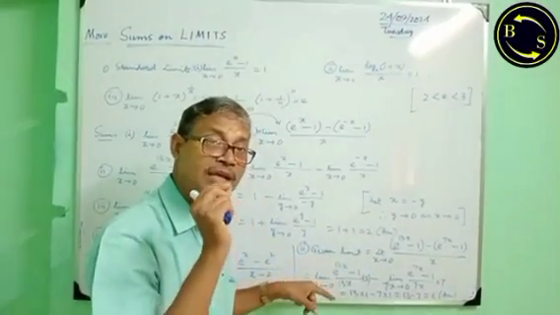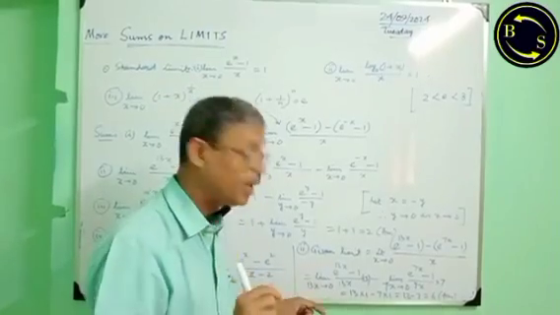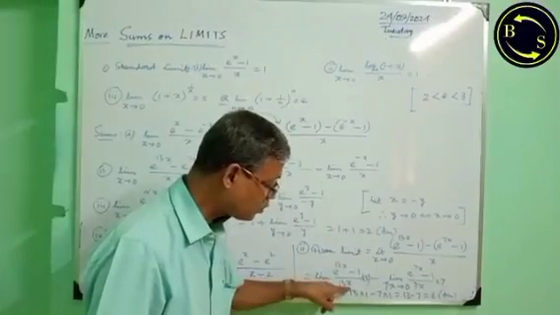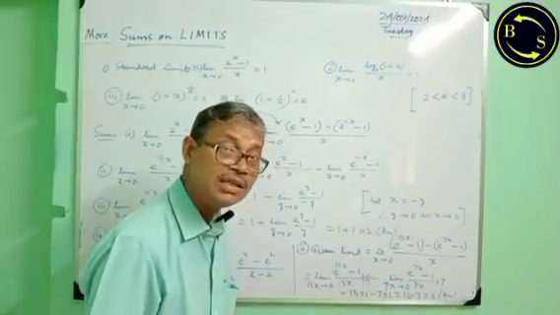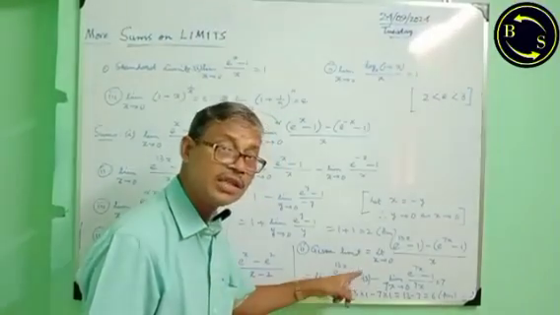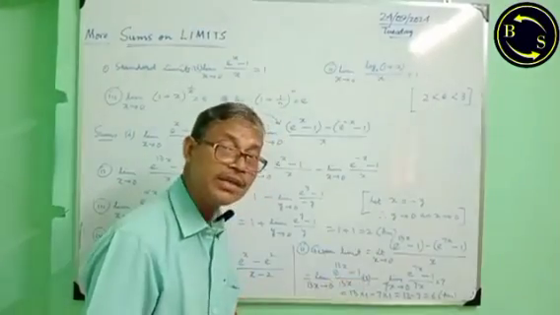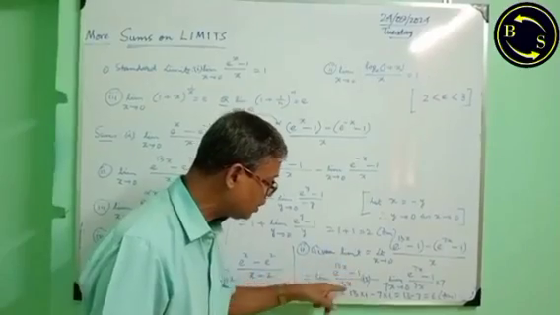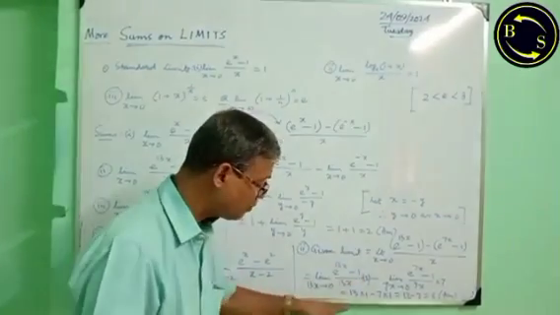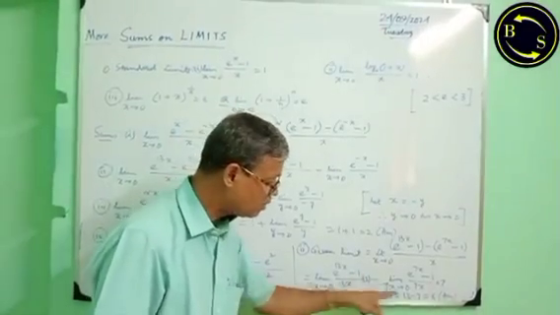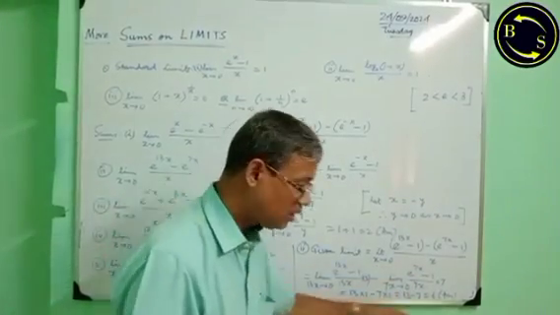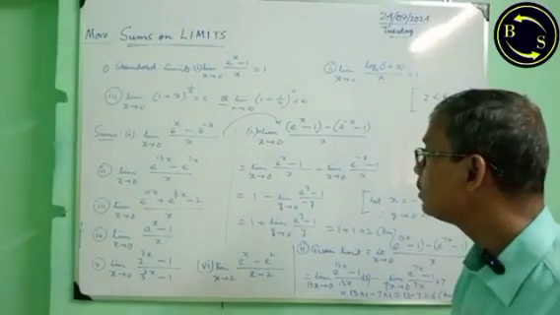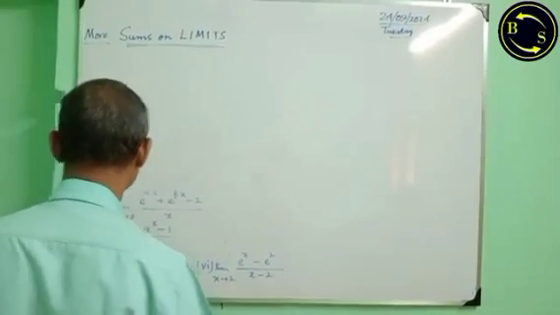We keep in mind 13x equal to y, then e to the power y minus 1, and I have written in place of x 13x into 13, at the denominator 13x, and the whole is multiplied by 13. Therefore, limit y tends to 0 e to the power y minus 1 by y whole into 13. Therefore, final result will be 13. Similarly, this will be 7. Therefore, finally 13 minus 7, that is equal to 6. The result is 6. Sum number 3.